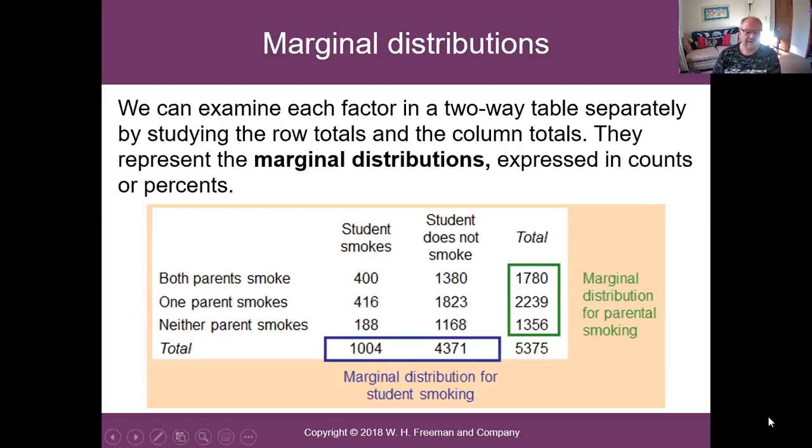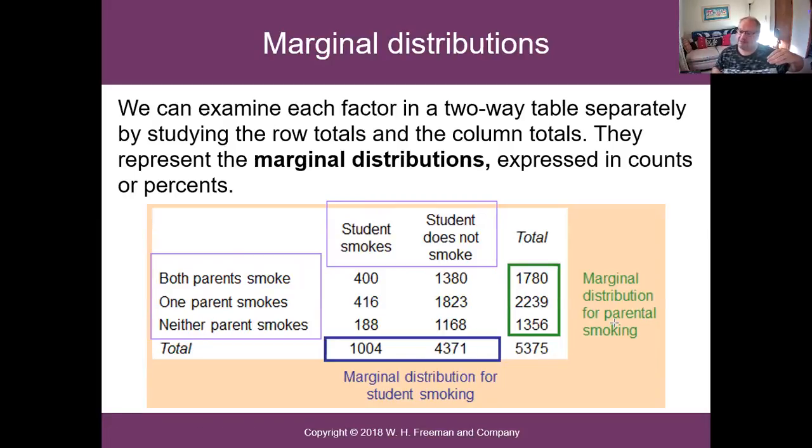Okay, so here, I'm going to try to illustrate with some little rectangles. Over here we have the first category, your parents' smoking status. And over here, we have the second category, your smoking status, okay? And then we have 6 different groups now, because we have people whose both parents smoke, and they smoke, there's 400 of them.